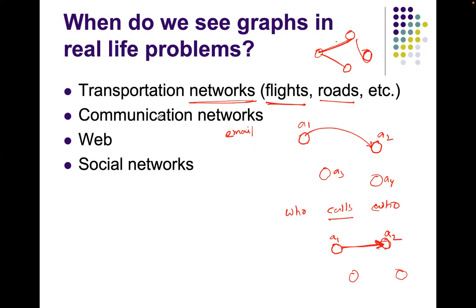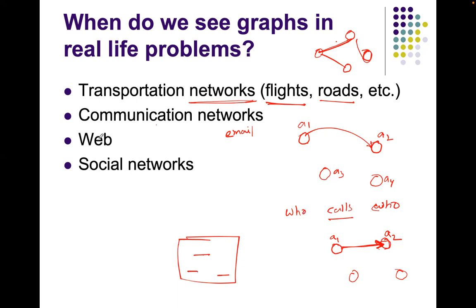The whole web network is a list of web pages. If we look at a particular web page, one web page can have multiple links that can redirect to another page.